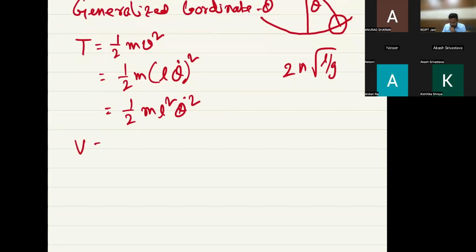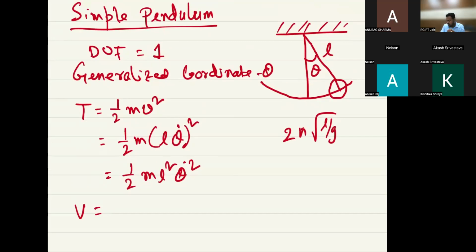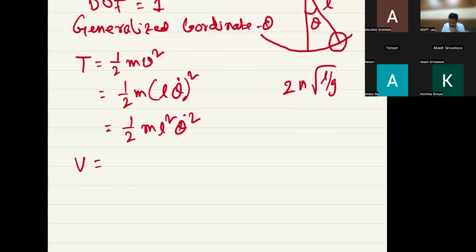What will be the value for potential energy? How will we calculate the potential energy in this case? For a simple pendulum, mgl (1 minus cos theta).